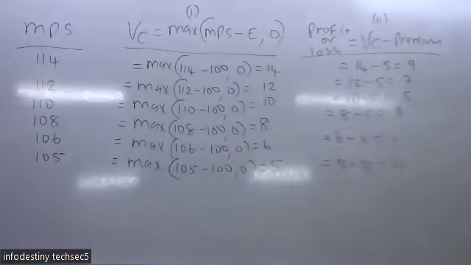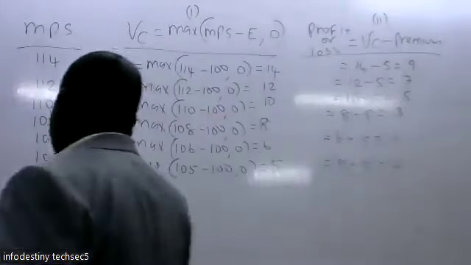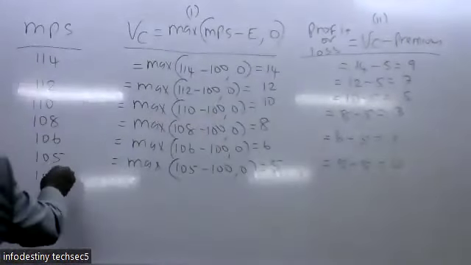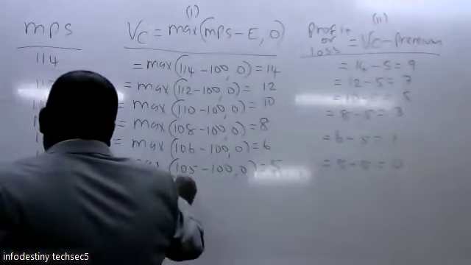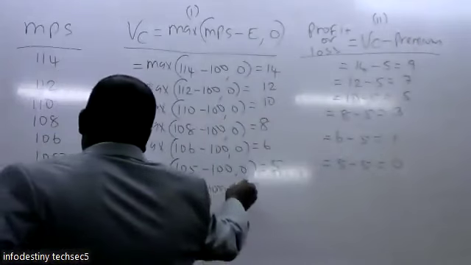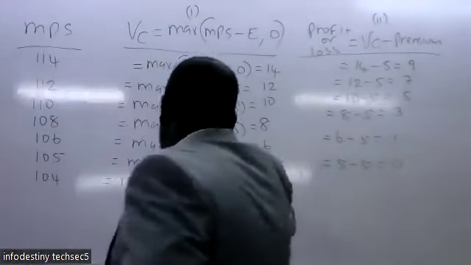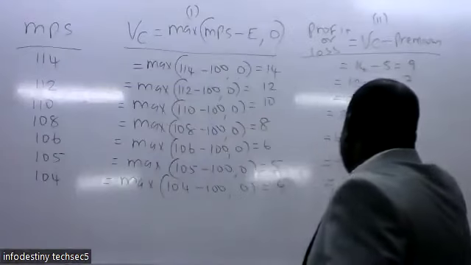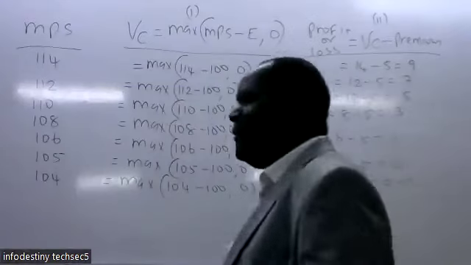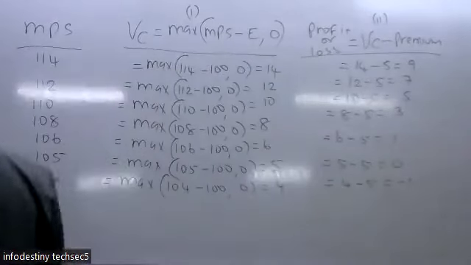The next price is 104. This one is 104. So it will also be maximum 104 minus 100. So this will give you 4. So this time it is a loss. We get -1. That one a loss.